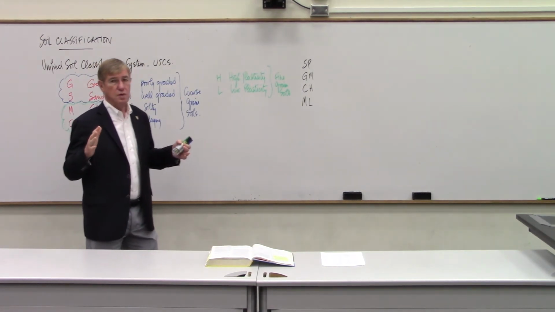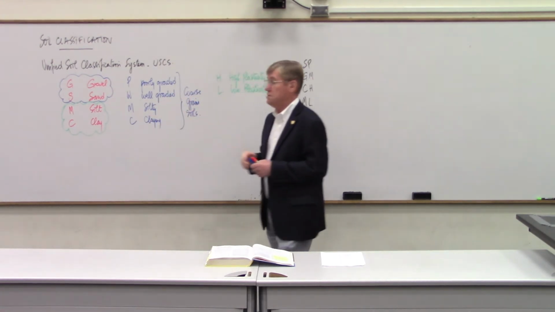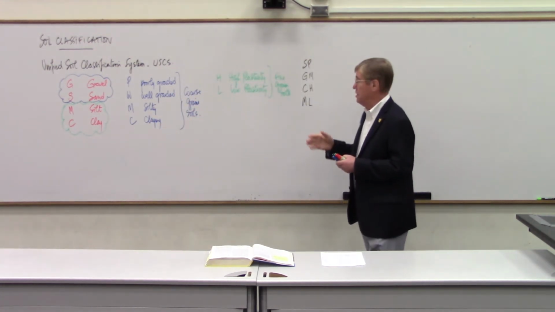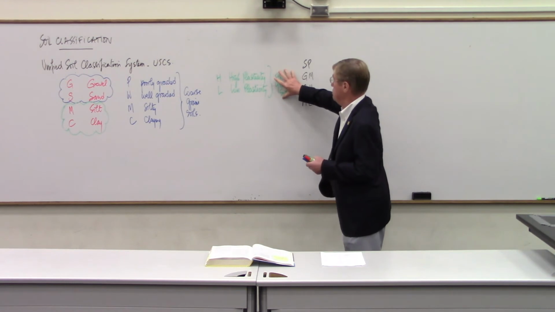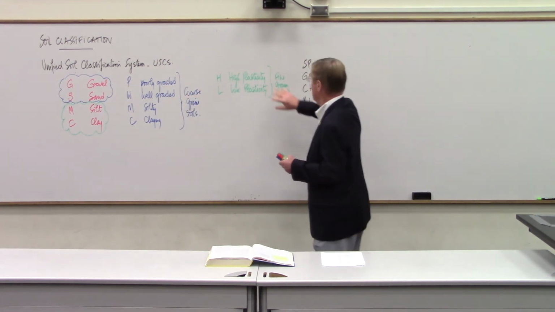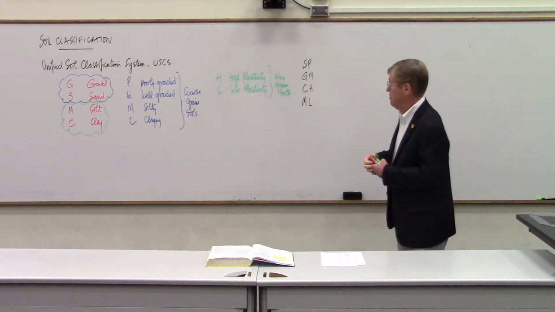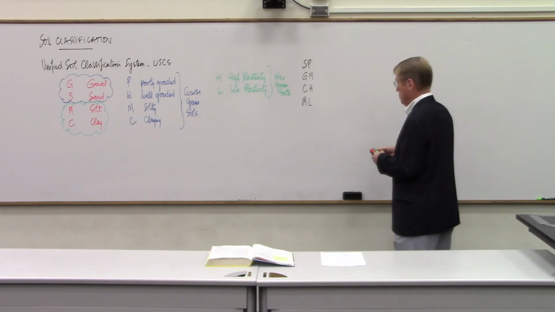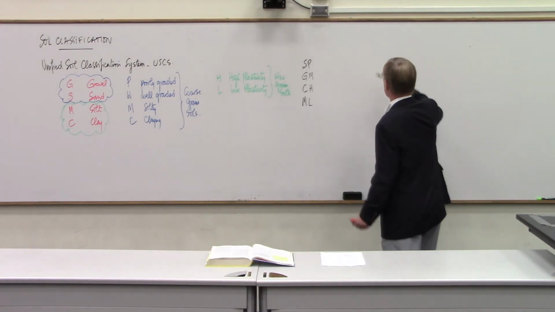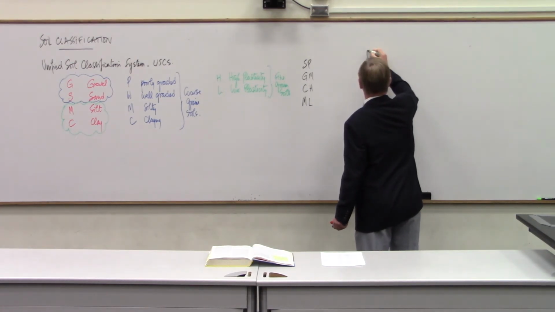There are two big parts to the USCS system. One is for the fine-grained soils, and one is for the coarse-grained soils. So let's look at the fine-grained soils first, because it's very simple. For the fine-grained soils, we're going to be using the Atterberg limits, and you remember the charts.